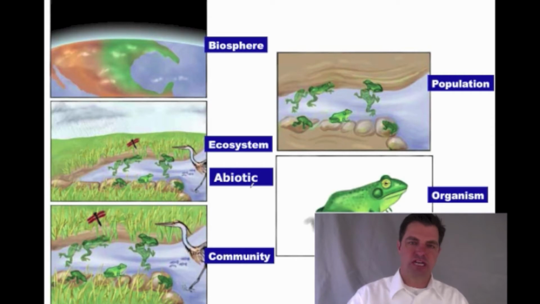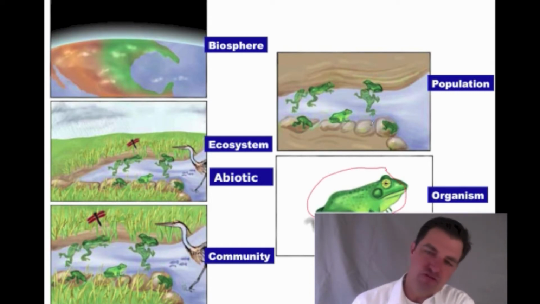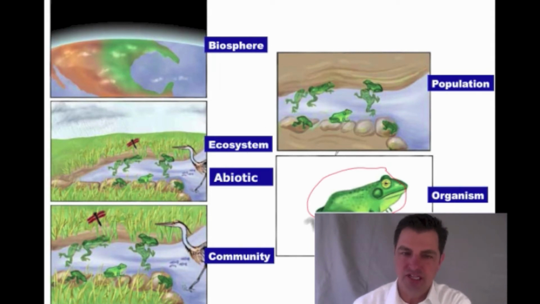Then the next thing we can do is move up from population ecology, and so we start off with an organism like a frog, and if you put a group of those together, you get a population. That's what we were just talking about. But if you put all the populations together, you get what's called a community.